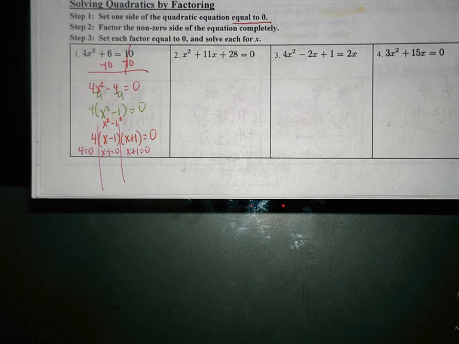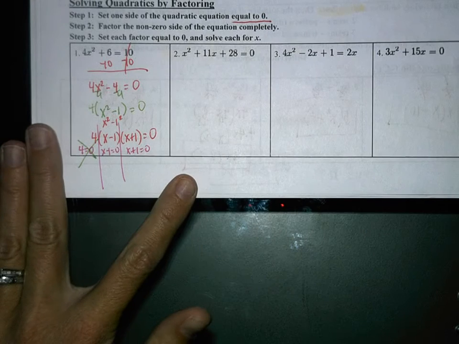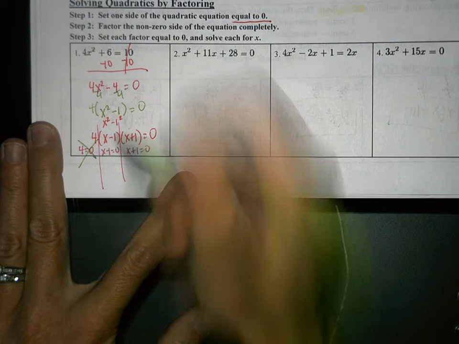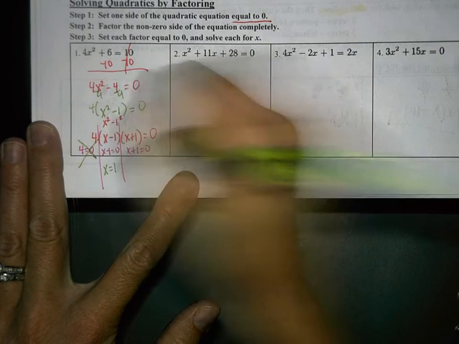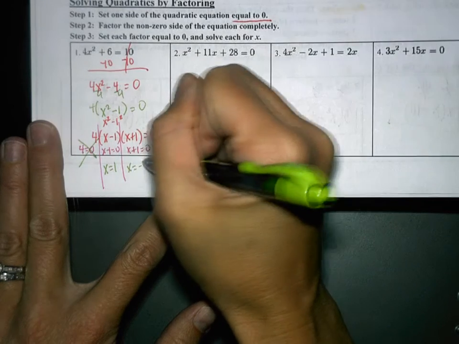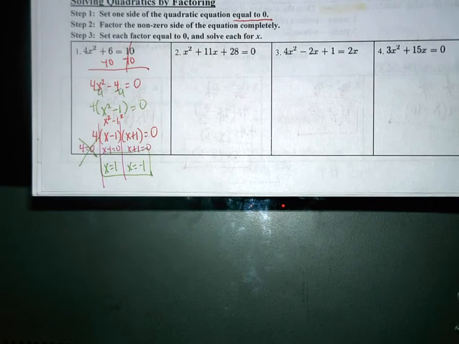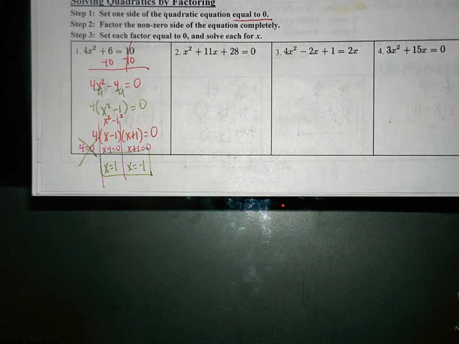No, 4 cannot be the same as 0, right? So that one does not actually give us a solution. Then x minus 1 equals 0 gives us 1, and then x plus 1 equals 0 gives us a negative 1. And so those end up being my 2 answers for this problem. Any questions?